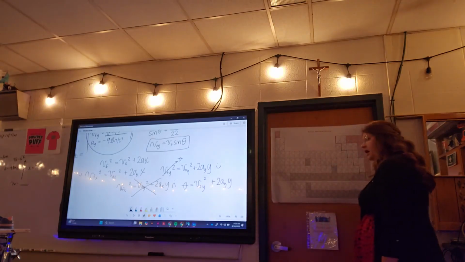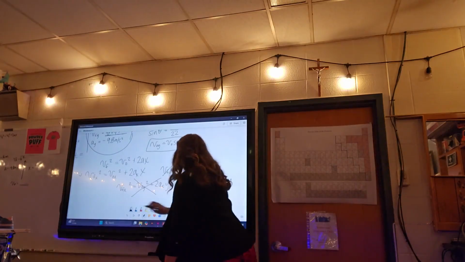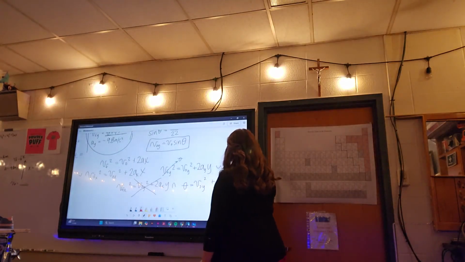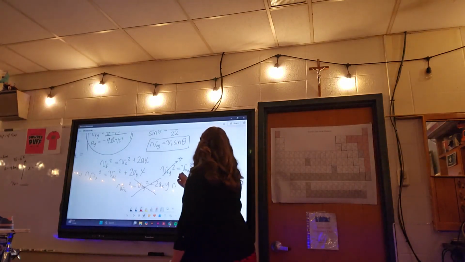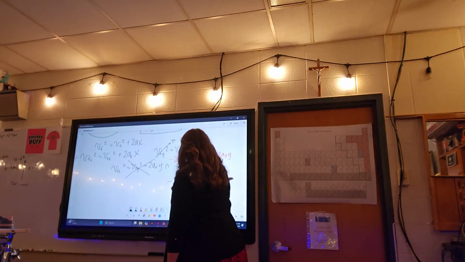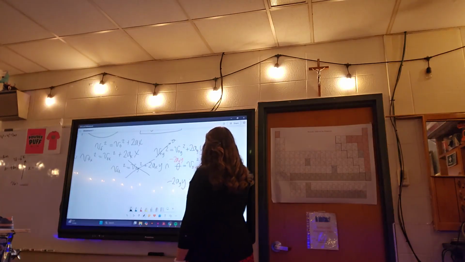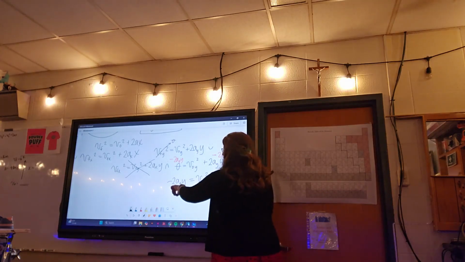I need to get Y on its own. So I'm going to subtract this whole term from both sides. And now I will have negative 2AY Y equals V naught Y squared. Why do I have the Y here? Why are there two Y's?